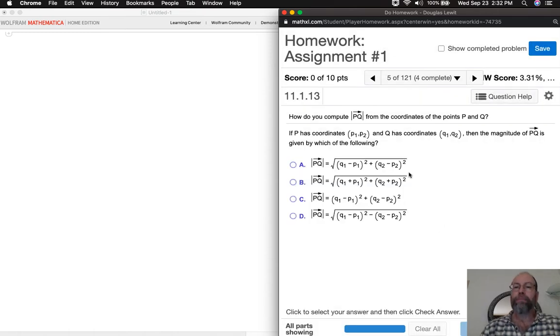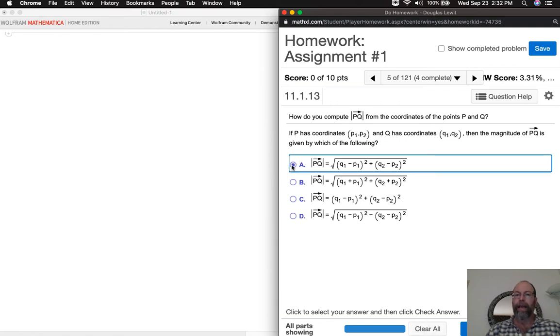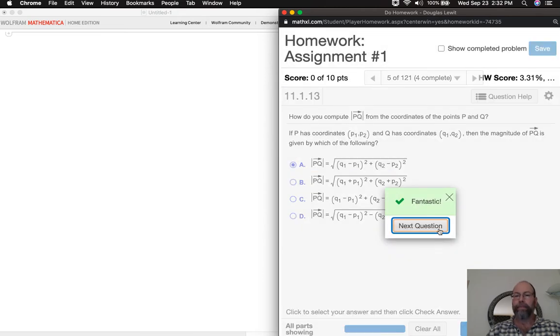How do you compute the magnitude of the vector that goes from P to Q from the coordinates of the points P and Q? That's going to be Q1 minus P1 squared plus Q2 minus P2 squared, and I believe option A is the correct answer.